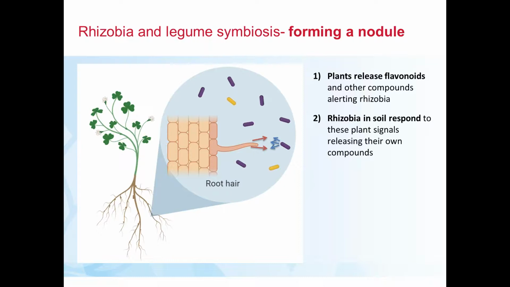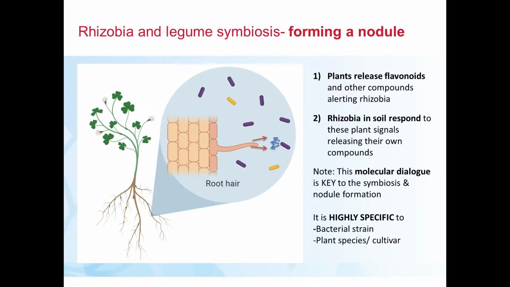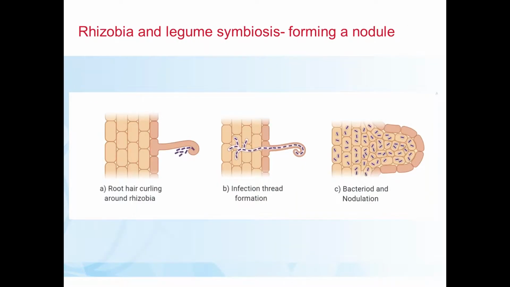As this molecular dialogue begins, the root hair starts to form around the bacteria. This molecular dialogue is highly specific to the bacterial strain and the plant species and cultivar. As this connection continues, the root hair curls around the rhizobia and an infection thread forms down into the root. A bacteroid or nodule forms.